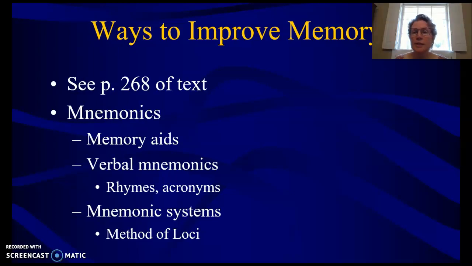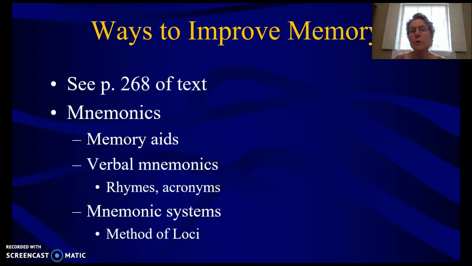If you have a list of things to remember, you somehow place them in a location. Let's say it's a grocery list, and you're trying to remember milk. You think of milk pouring over the clock and just covering it. And then you see the fountain, and the next item to remember is butter. So you picture a bunch of sticks of butter floating around in the fountain, and so on.